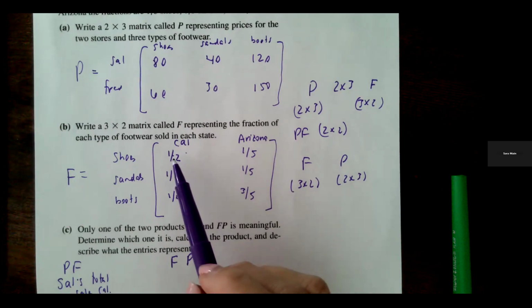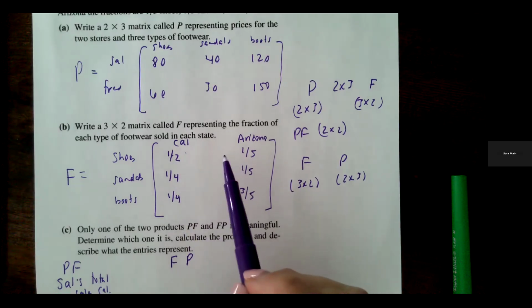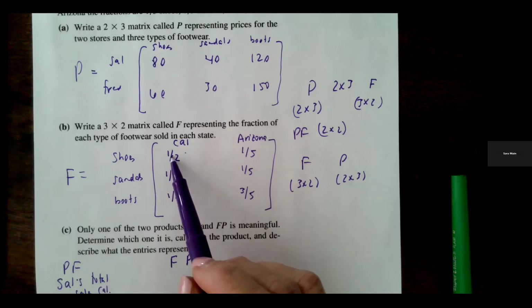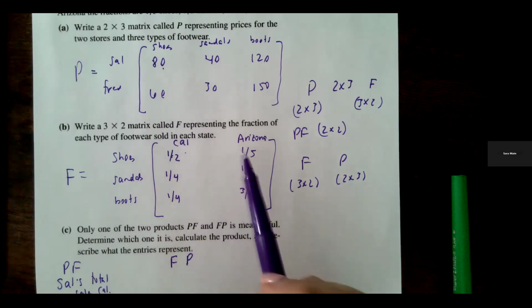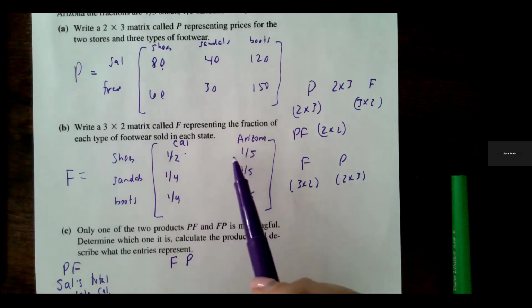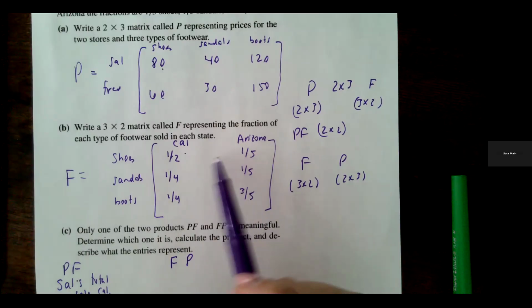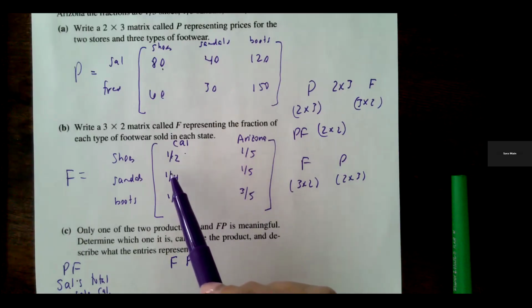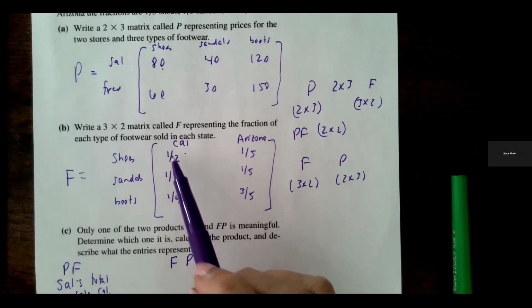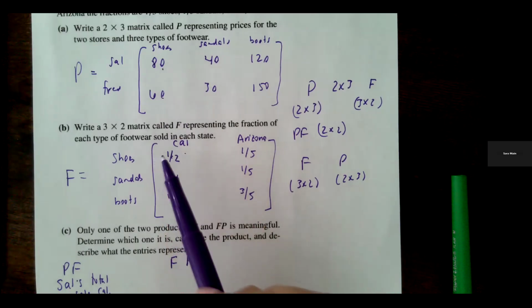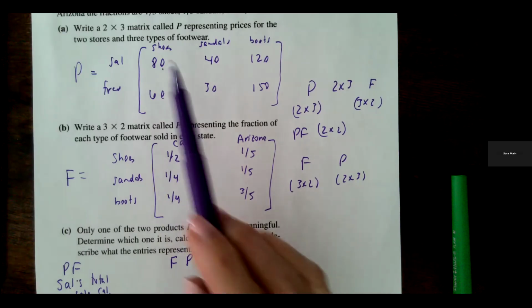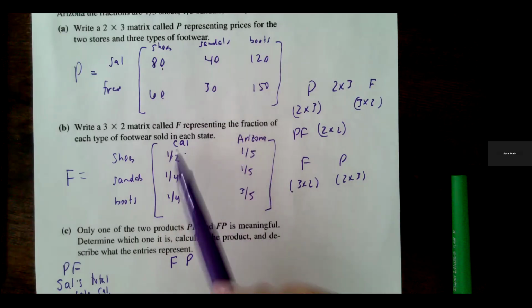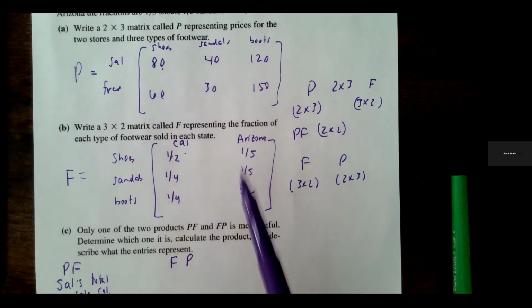It would be the shoes that each of them are going to sell, the total in the shoes for California. So it would be Sal's California sales and Fred's California sales.